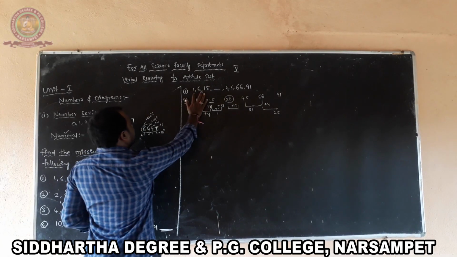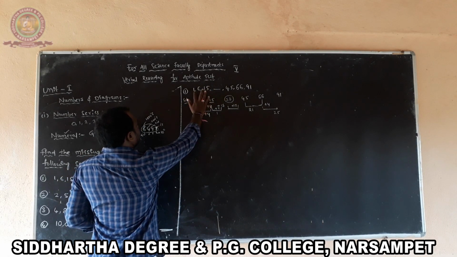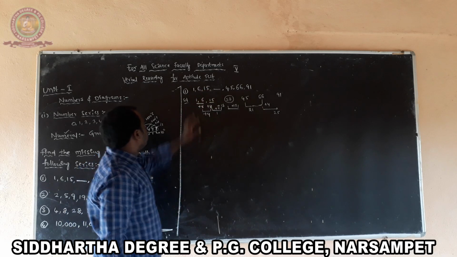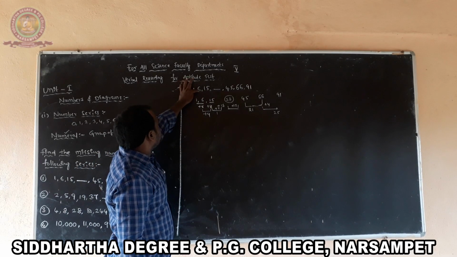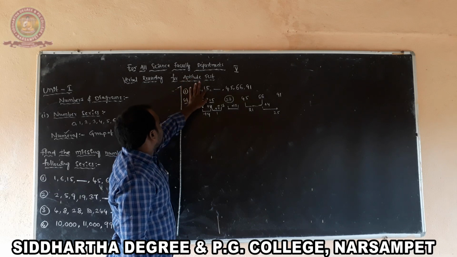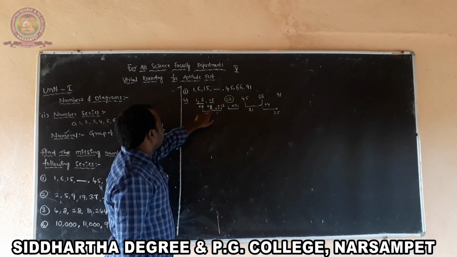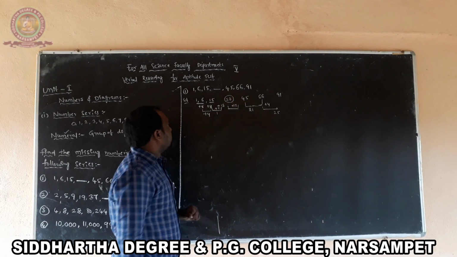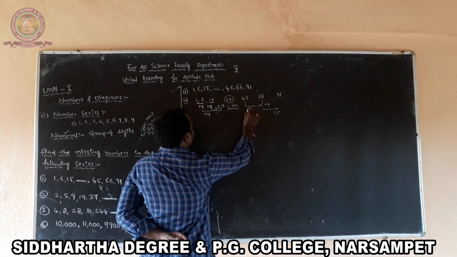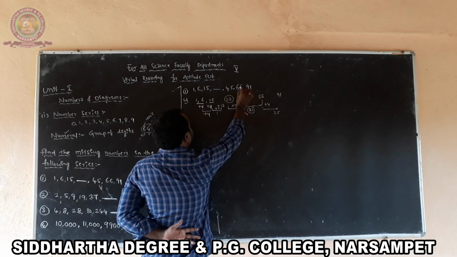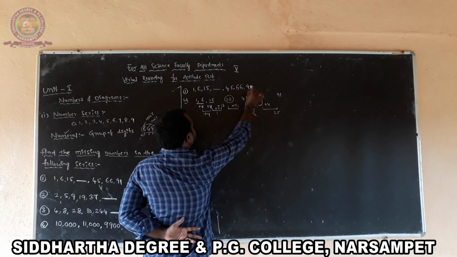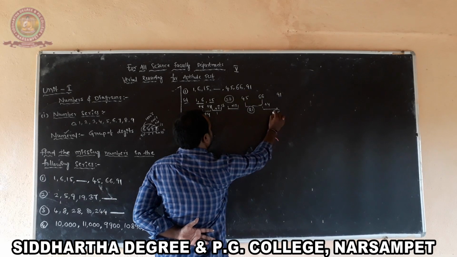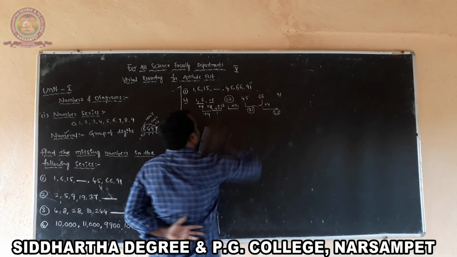The first one is 1 and the second one is 6. The difference between these two is 5, the difference between the next two is 9, and the difference between 66 and 45 is 21. The difference between 91 and 66 is 25, so 66 plus 25 is 91.